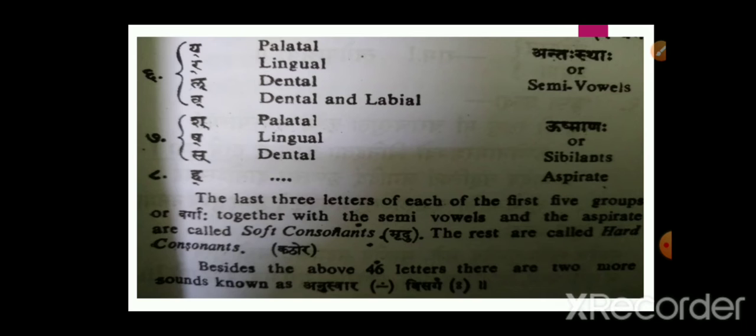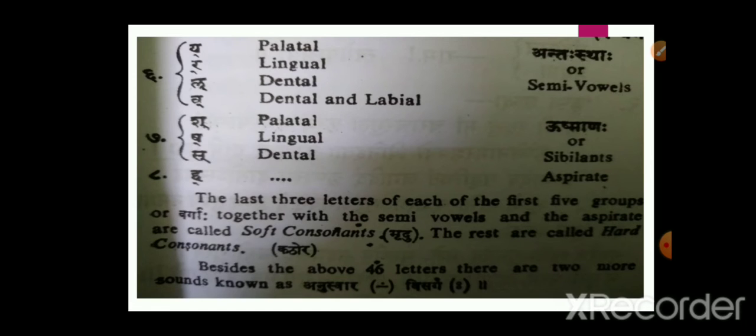And among all these 33 consonants, we have seen soft consonants, which are called mrudu vyanjanani, and we have also seen hard consonants, that is katora vyanjanani. What are called soft consonants?